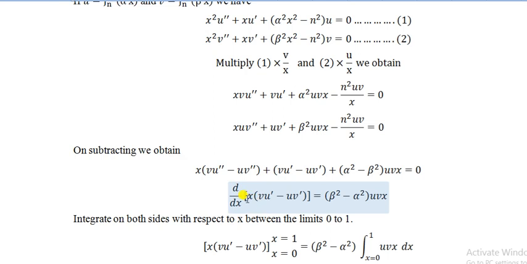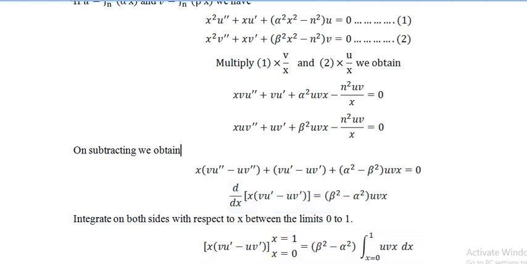Then plus the derivative of x with respect to x, which is 1, times (v u' minus u v'). Shift the (alpha squared minus beta squared) u v x to the right-hand side, so the sign becomes minus, or if you multiply the minus sign inside the bracket, it becomes (beta squared minus alpha squared).